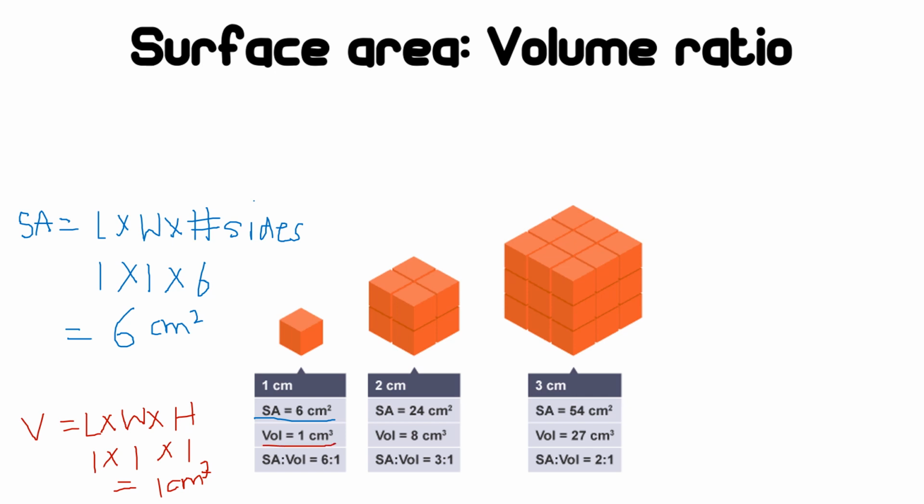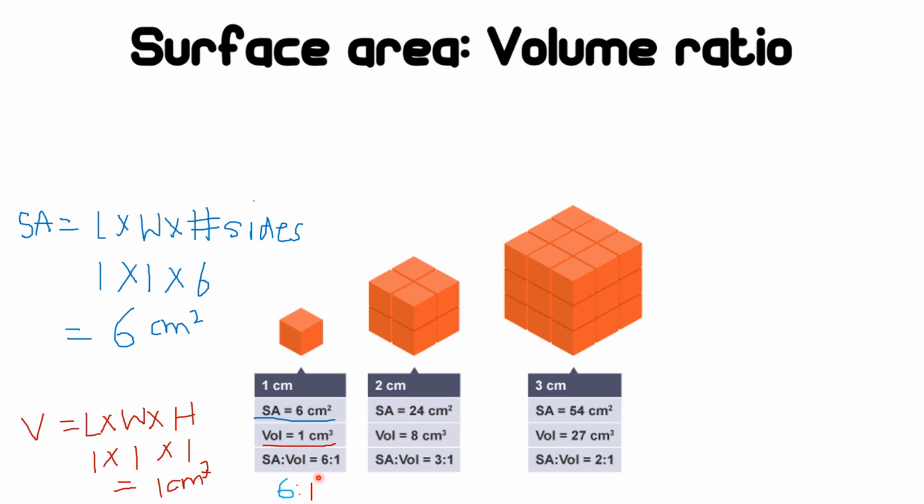So then you're going to write it as a ratio. So you're going to take the surface area, which is 6, to the volume, which is 1, and you've got 6 to 1. So with a cube that has a side length of 1 centimeter, you end up with a surface area to volume ratio of 6 to 1.